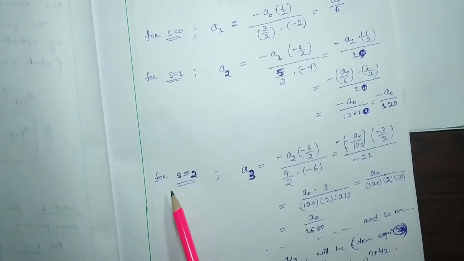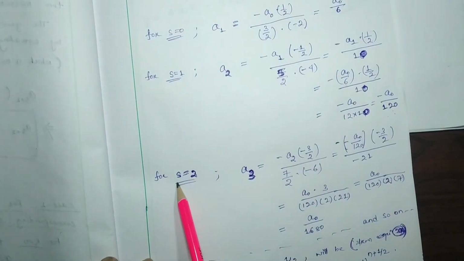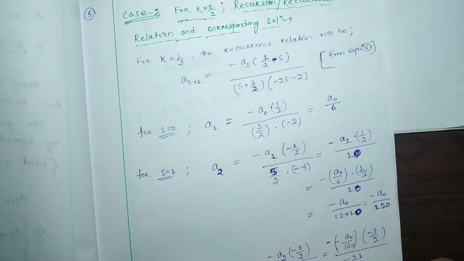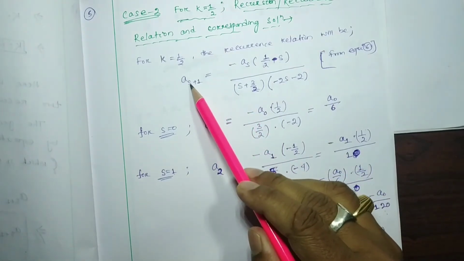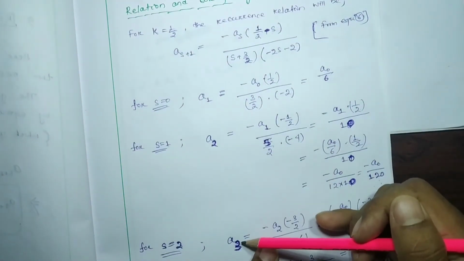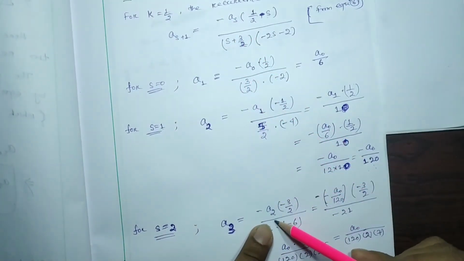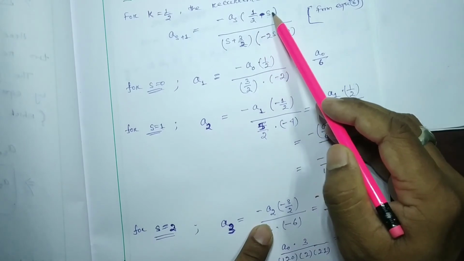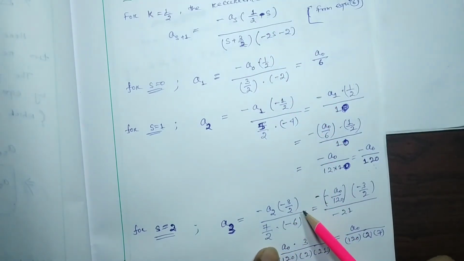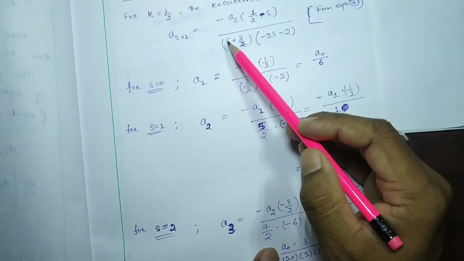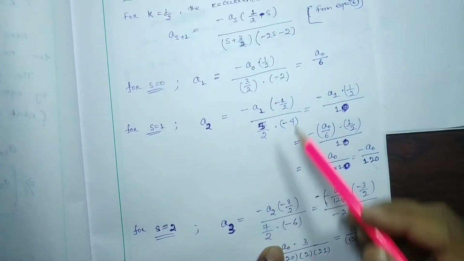Got it? Similarly, by considering s equal to 2, a3 you can find. For a3, s equal to 2 we are going to put: this will be a2, plus 1 is 3, a3, and you are going to put s equal to 2. This will be minus a2 by 2. Here 1 by 2 minus 2 will be minus 3 by 2, whole divided by s equal to 2 plus 3 by 2, it will be 7 by 2.